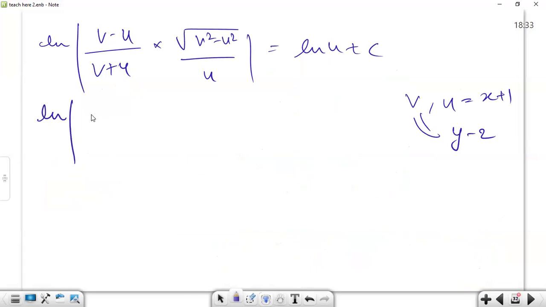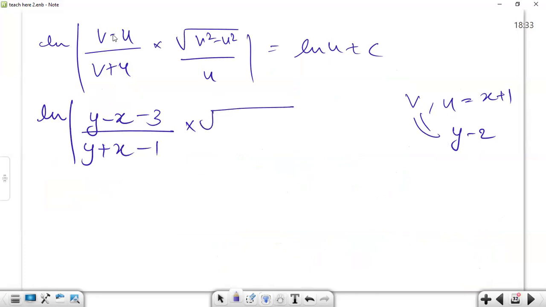Logarithm of v minus u. So this will become y minus x into minus 2 minus 1, minus 3, over v plus u, y plus x and minus 2 plus 1, minus 1, into v square minus u square. Oh my god.